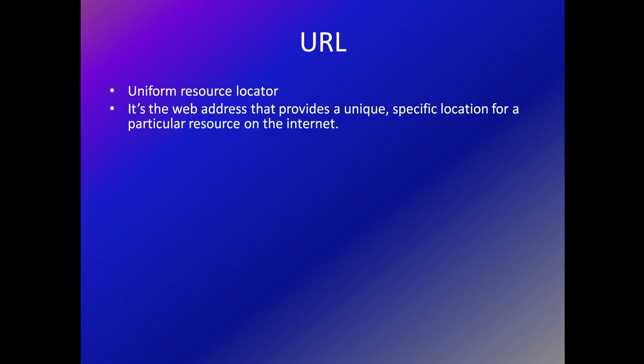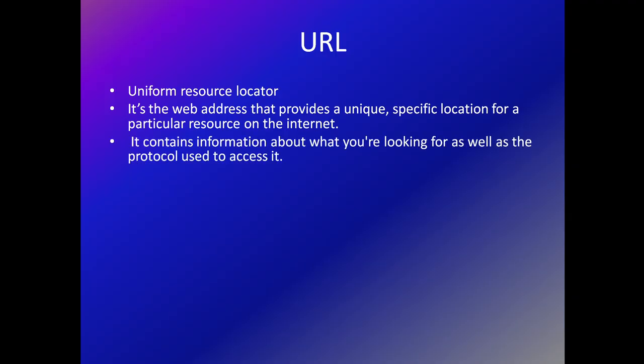So what is a URL? It is a Uniform Resource Locator. It is the web address that provides a unique, specific location for a particular resource on the internet. It contains information about what you are looking for as well as the protocol you are using to access it.